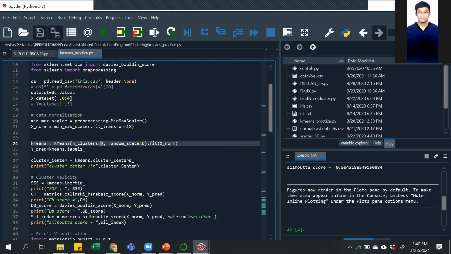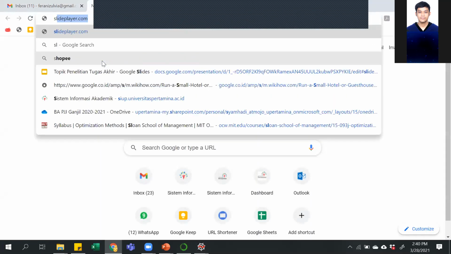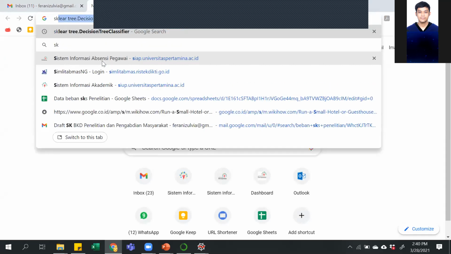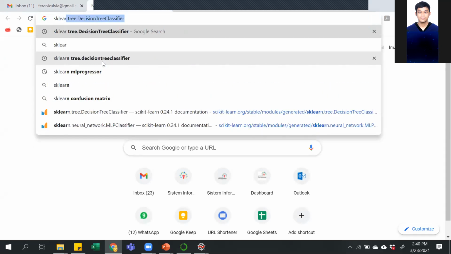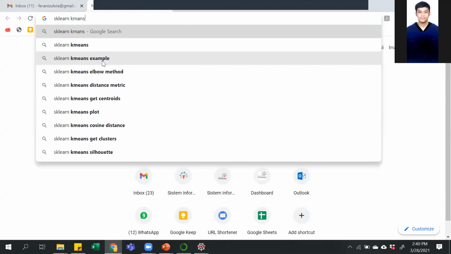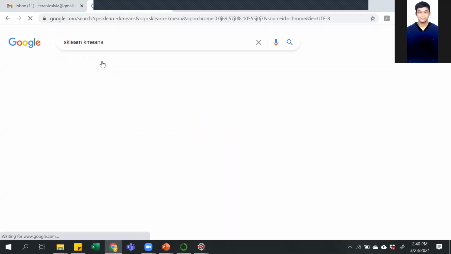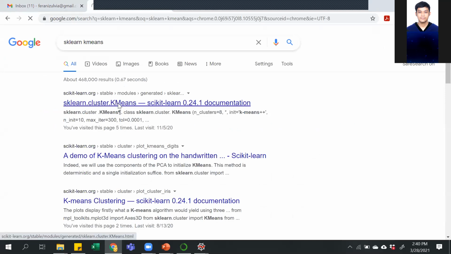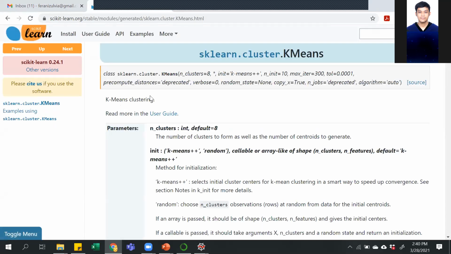Actually, there are many parameter settings here. If we go to the sklearn k-means documentation, we can customize our k-means.